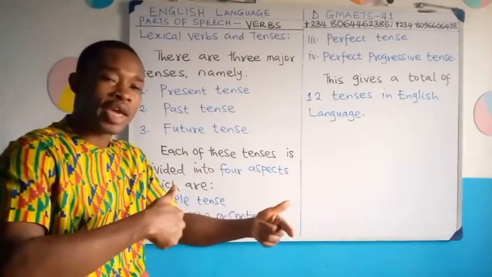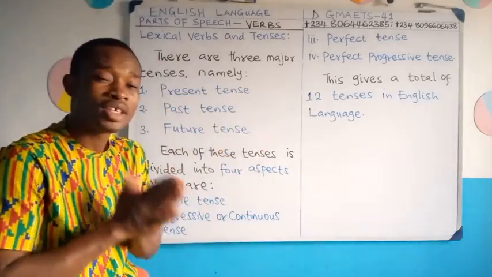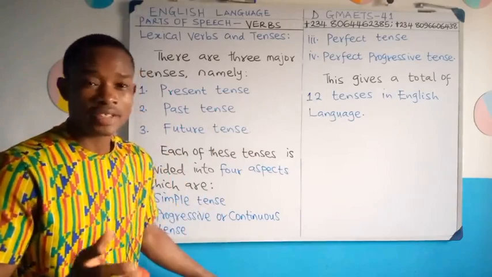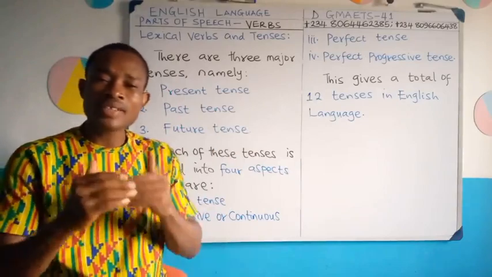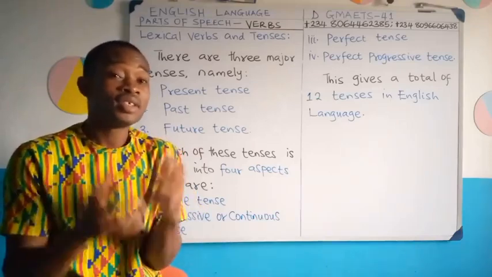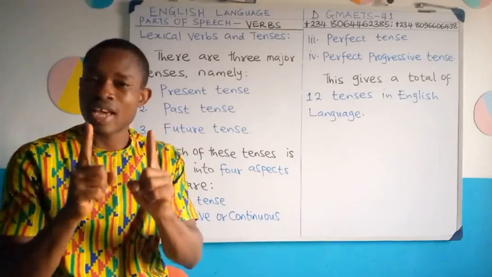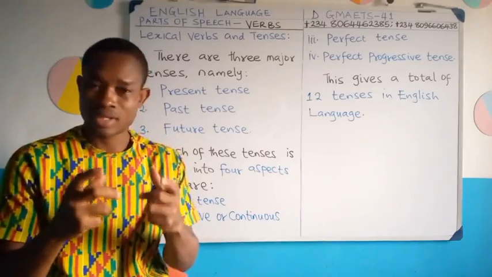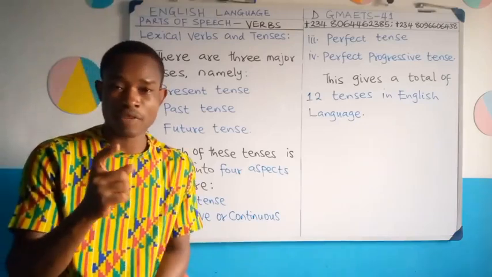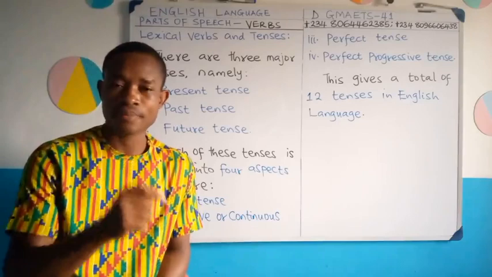If you add the 4 now to 8, everything will become how many? 12 tenses in English. But like I said, I would like us to learn this thing gradually. Is that okay? So that you will understand the idea of tenses in English, because tenses is very important in the use of English language.